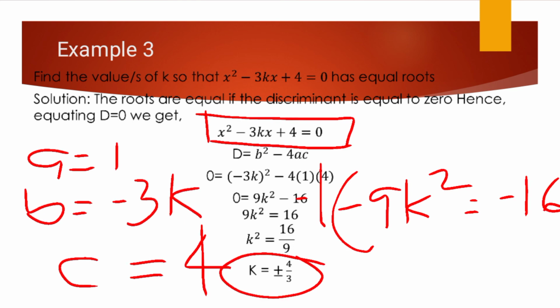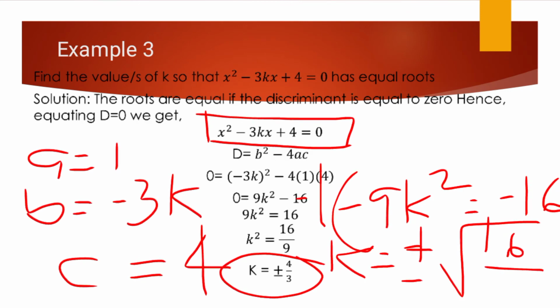So, k equals positive or negative the square root of 16 over 9. So, kaya yung sagot niya is, yung value ng k is positive or negative. The square root of 16 over 9 is 4 over 3.